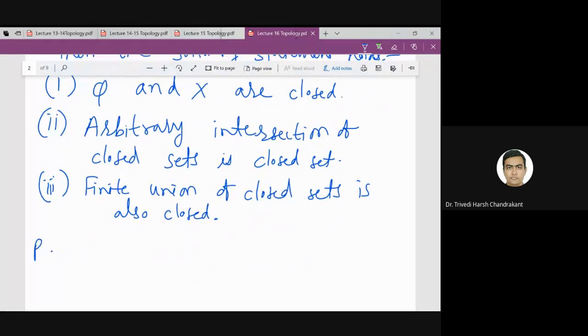So the proof is quite trivial. Let tau be the topology on X, the given topology.